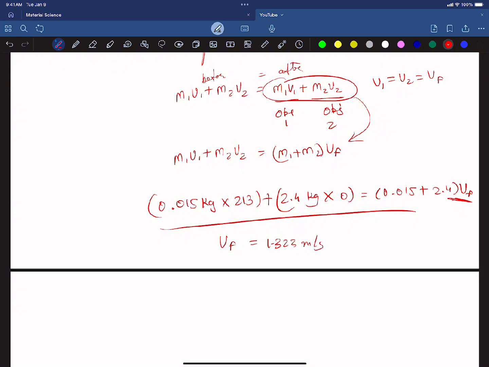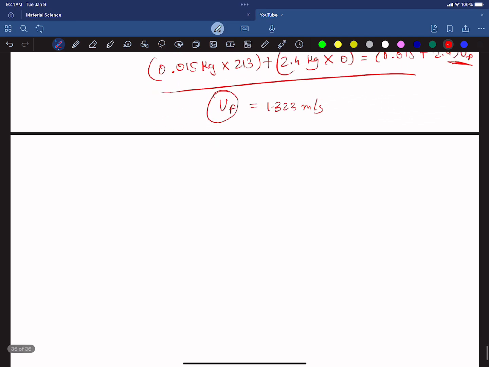Now once you find the velocity after the collision, then you can find the height after the collision. So you can say that all the kinetic energy of the bullet is converted into potential energy.